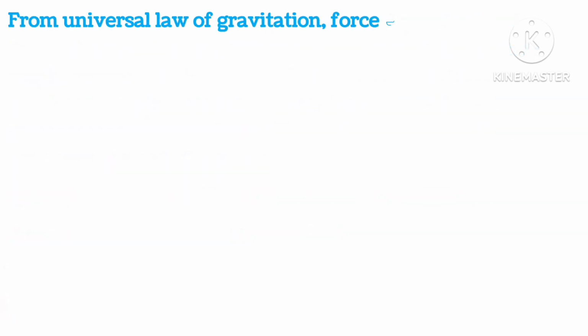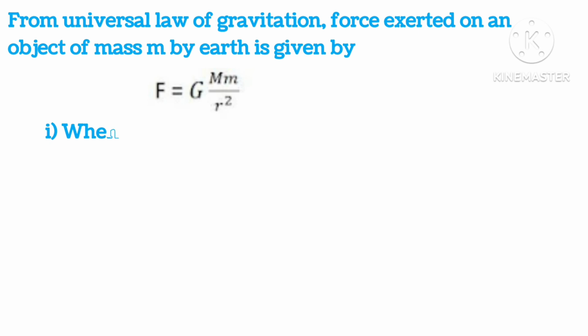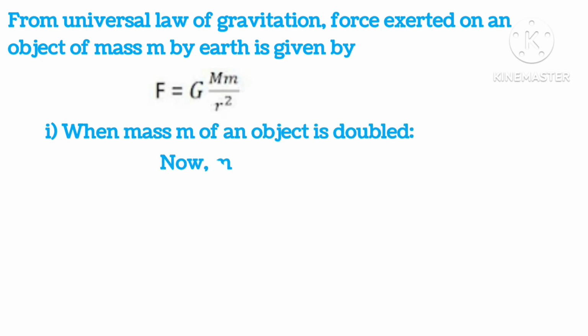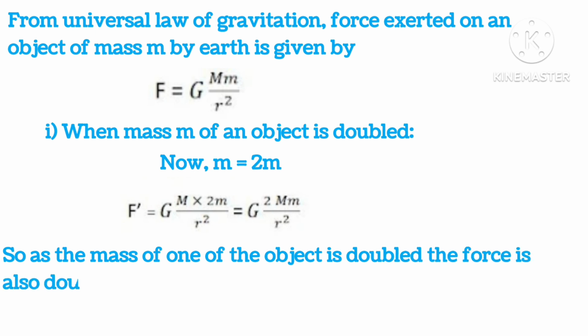So from the universal law of gravitation, the force exerted on an object of mass m by Earth is given by F = G times the product of the masses divided by r². When the mass m of an object is doubled, that is m becomes 2m, then putting the values in the given equation, we get that if the mass of one of the objects is doubled, then the force is also doubled.